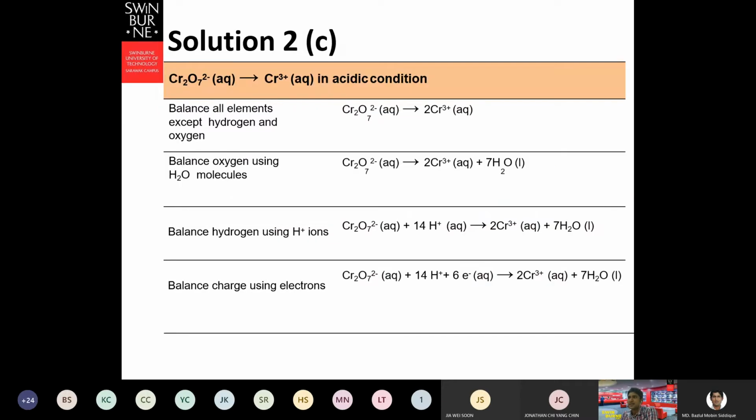Another one, this dichromate, Cr2O7 carrying 2 negative charge, is producing chromium 3 ion, or chromic ion.